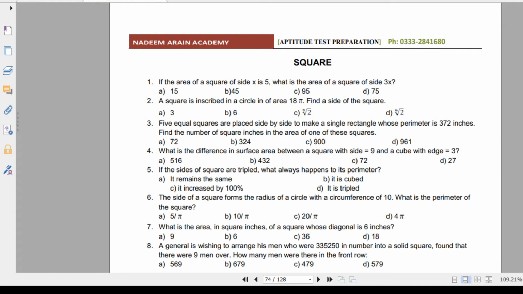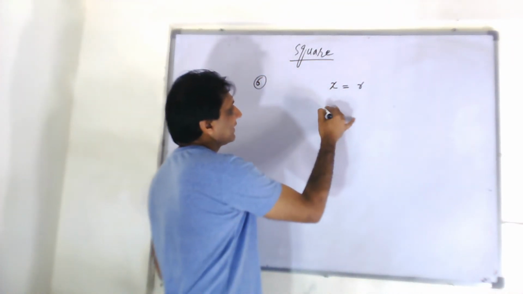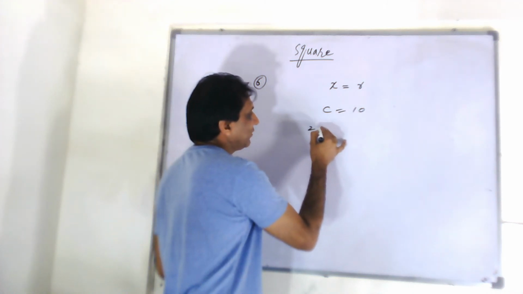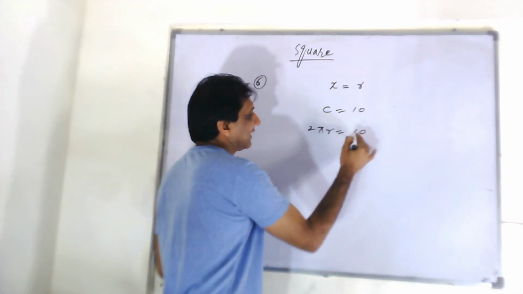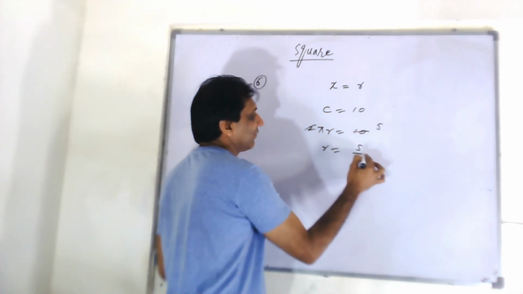Circumference is equal to 10, 2 pi r is equal to 10, so r is equal to 5 over pi.